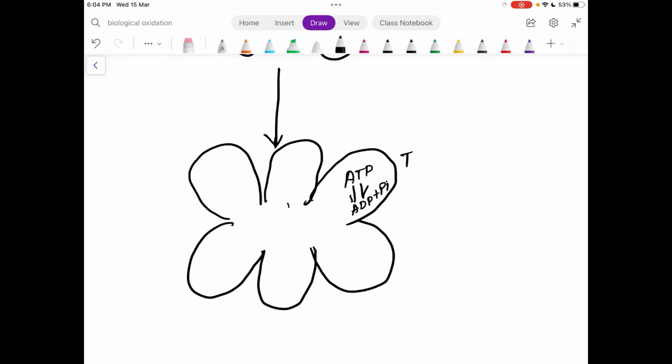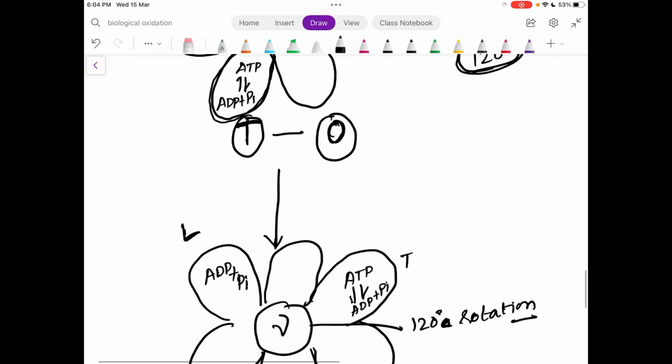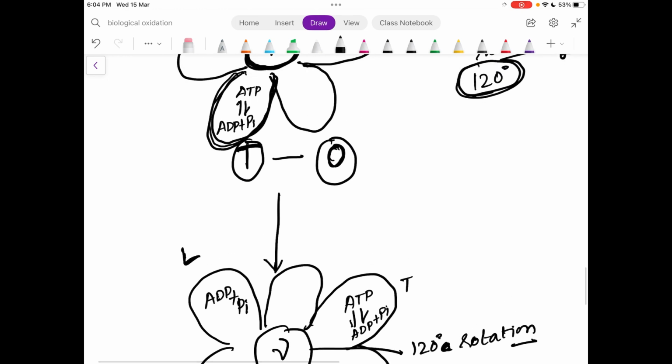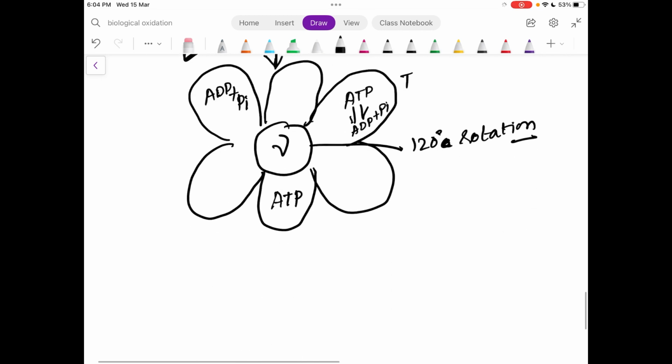Then this is the gamma subunit with 120 degrees rotation, and this O form is converted into L form. It has ADP plus Pi, and then the O form. Here ATP is synthesized in the T form, so that ATP will stay like that, and this T conformation is changed to O conformation, which will release ATP.